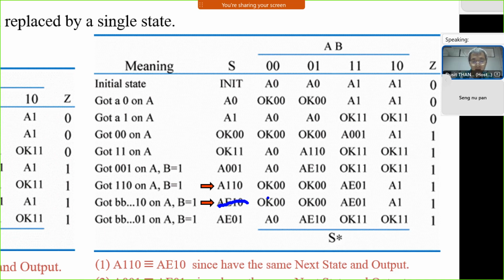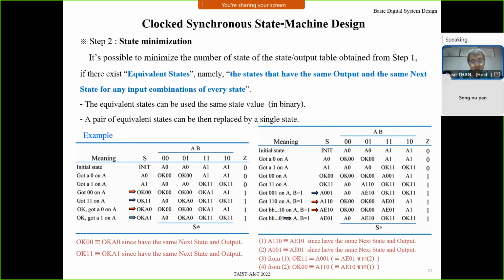That means AE10 at here becomes A110. Don't forget to change the name, and so on. For this one also, you can reduce this to this. So finally you get 5 states for the final result. So if possible, don't forget to do state minimization.